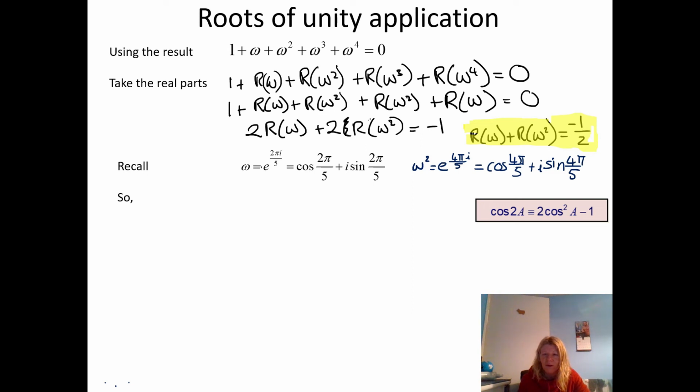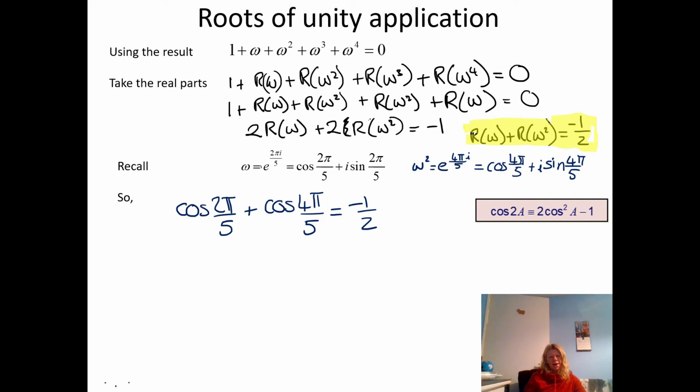Got the real part of that. So the real part of this is the cos, the i's imaginary bit. So what we've got is that cos 2 pi over 5 plus the real part of omega squared, which would be cos 4 pi over 5, equals -1/2. Now that's not going to get me cos 2 pi over 5 in exact form yet.